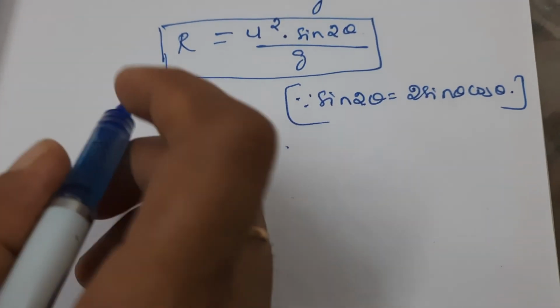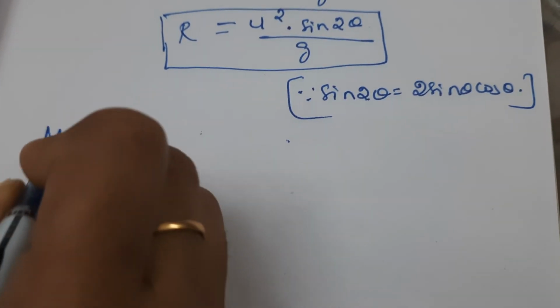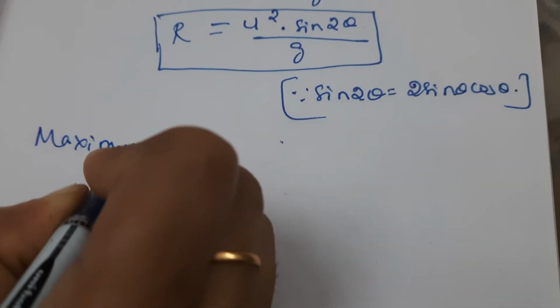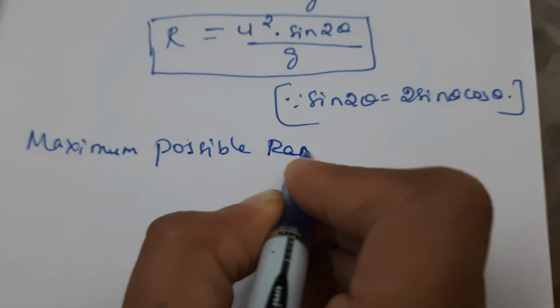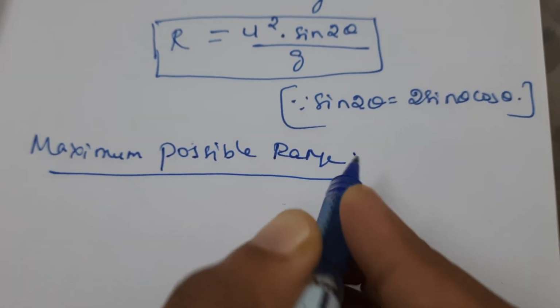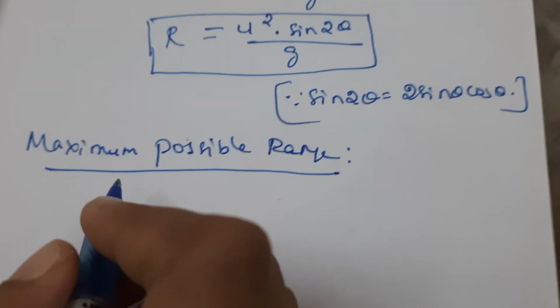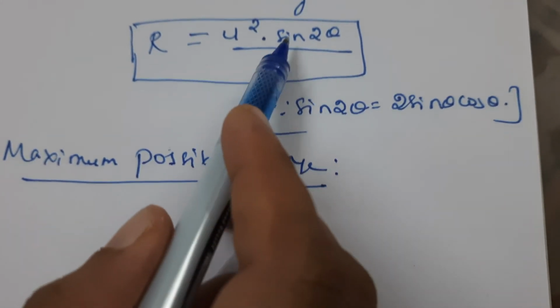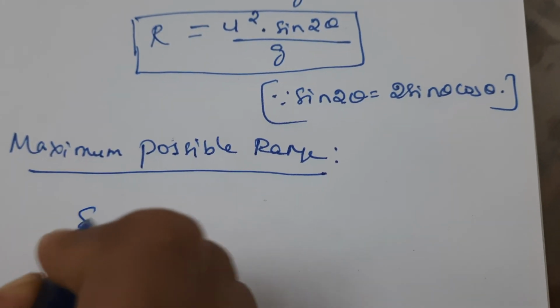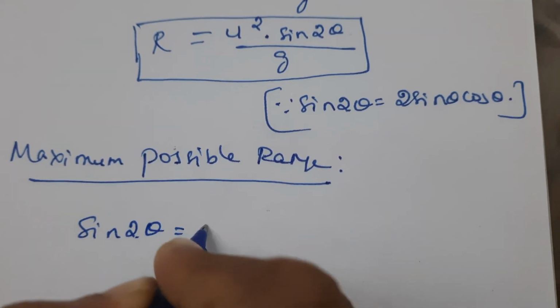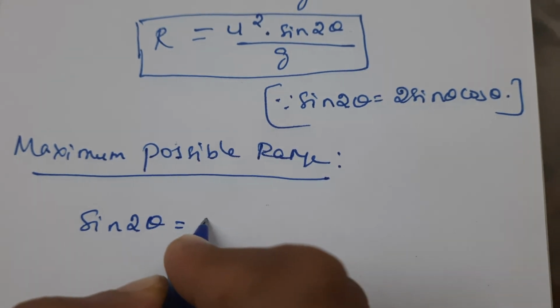So here, the maximum possible range. How can we calculate it? The maximum possible range is reached when sin 2 theta is maximum.